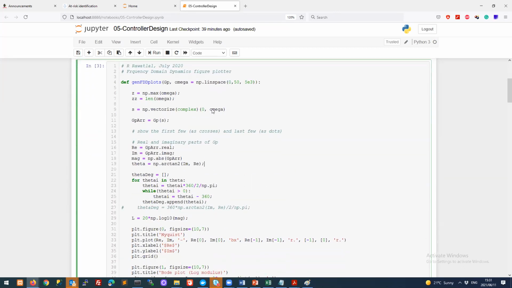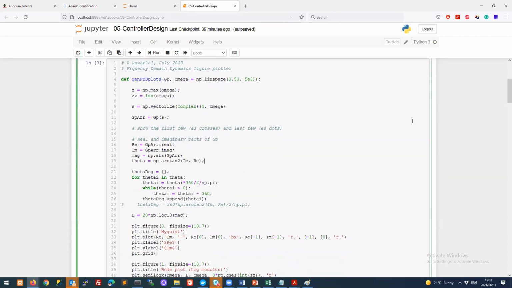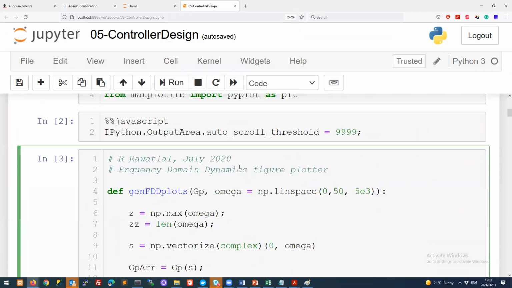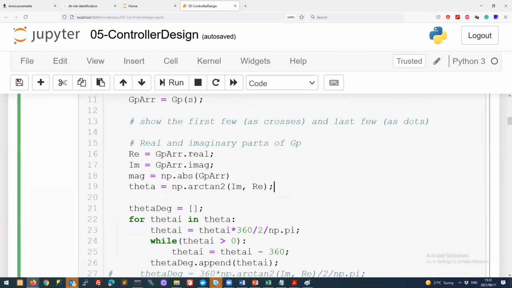In Python, you have a nice set of functions that make it very easy to extract the real and imaginary parts. And then you can take the square root of the sum of the squares of the components. But in the NumPy library, if you just say abs for absolute, that will give you the magnitude.